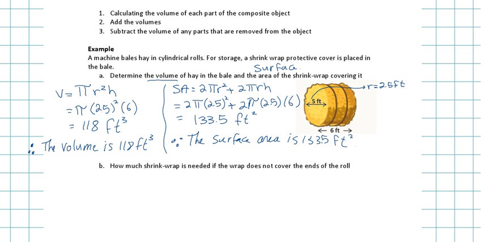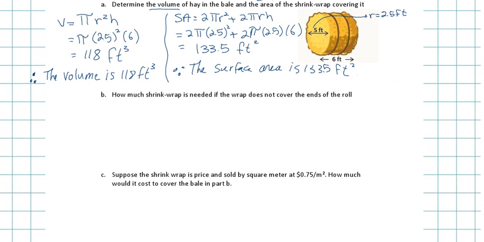You have to pay attention to this, so the area of the lateral surface is 2 pi RH. Because basically you're not covering these two ends.